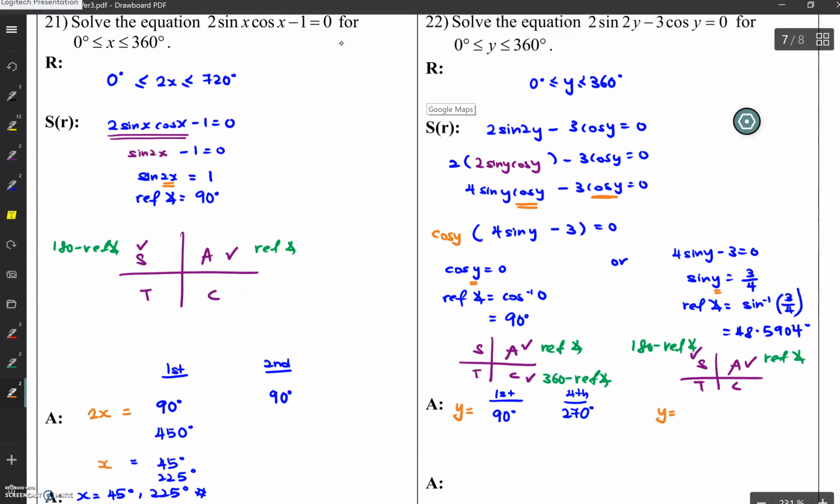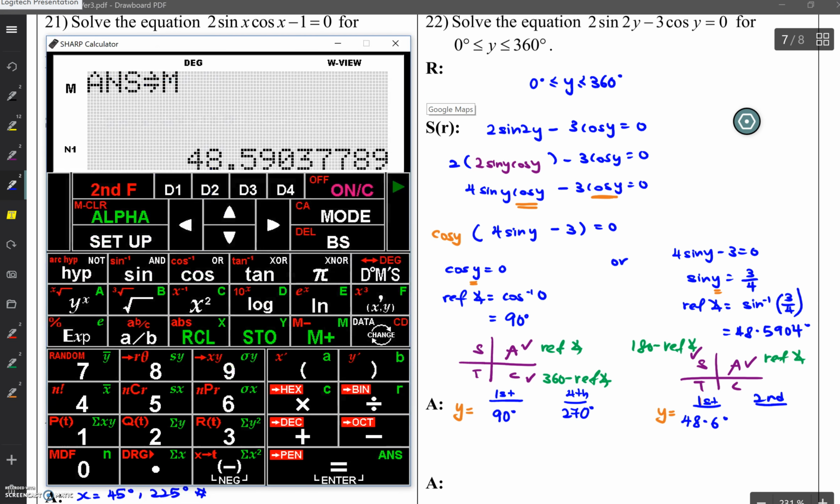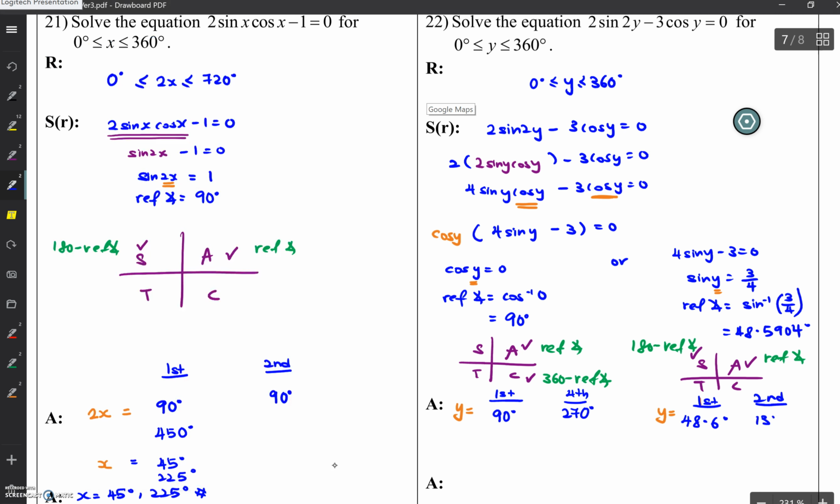But something that's different is this is the first quadrant and the second quadrant. Since it's y, I don't have to do any more manipulation. I can actually leave my answer in 1 dp as well: 48.6 degrees, and of course using my calculator, I'll take 180 minus recall memory. I got 131.4 degrees.